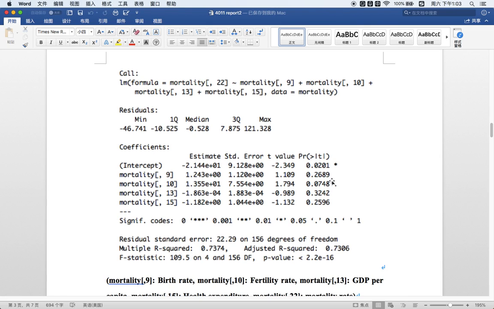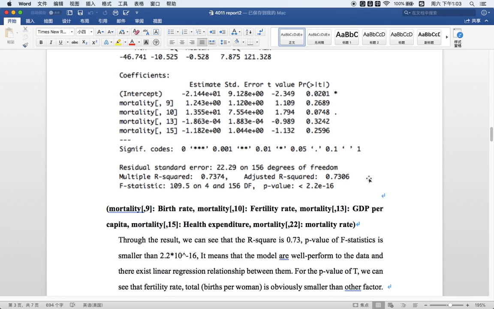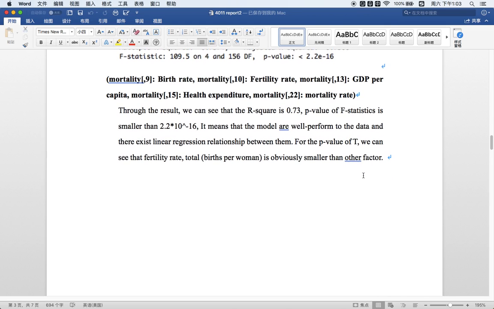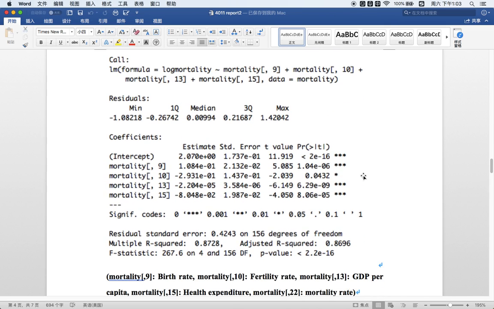I think that maybe we can use the log of the mortality rate to analyze this. Let us see the relationship between the log of the mortality rate and other factors. Here is the log mortality rate with other factors.